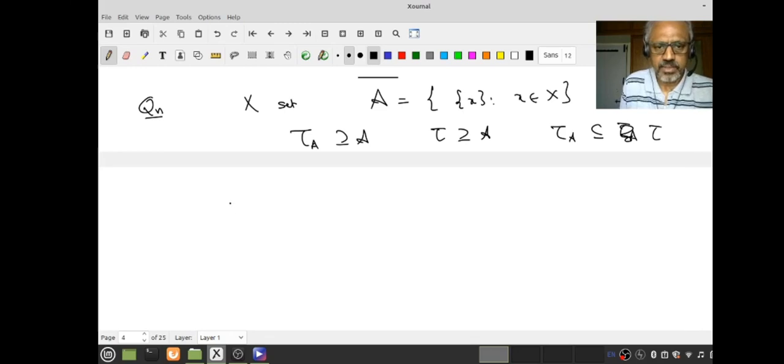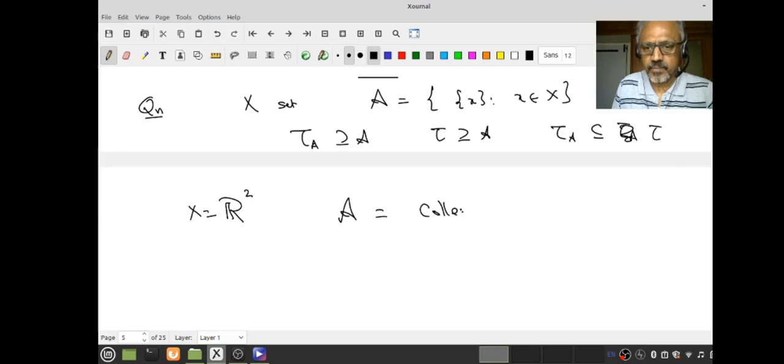For example, suppose my X is R2. My script A must be a collection of subsets of R2. Let me say a collection of all lines in R2. Then what is the question I'm asking? The same question.